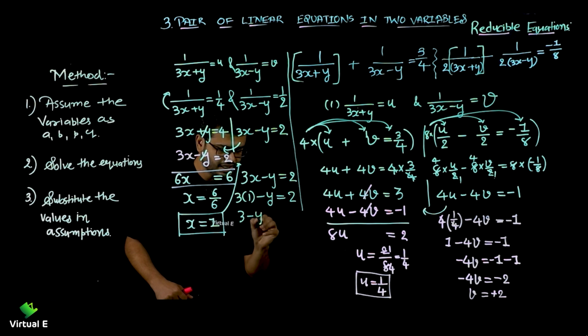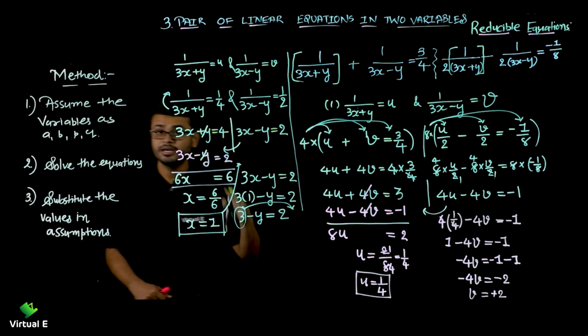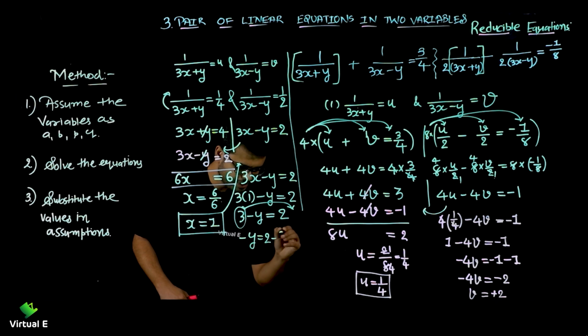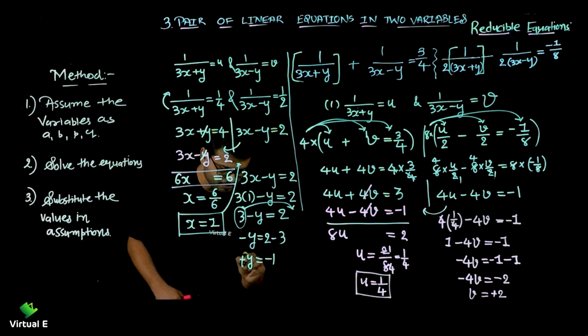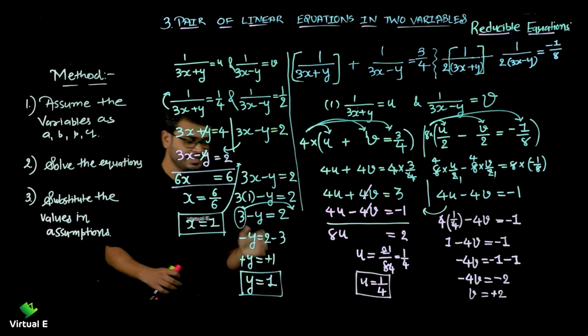So 3 minus y is equal to 2. I will shift this 3 over to the other side, so it will become minus 3. So minus y is equal to 2 minus 3. Simple calculation, minus y is equal to minus 1. Both negatives become positive, so plus y and plus 1. So the solution for y is 1. So my final solution is x is equal to 1 and y is equal to 1.